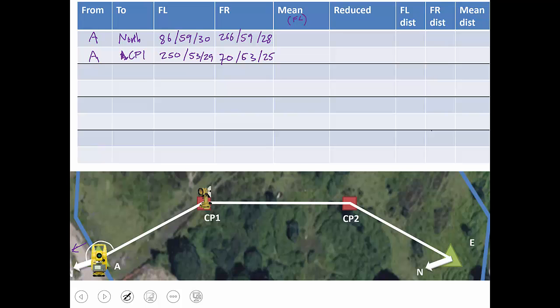If it's not, you're not going to be getting that accurate reading. So to get the mean, we have to either take away or add 180 degrees to the face right value, and that's to bring it in line with the face left value. So you can see for the first line, you need to take away 180, then add them together and divide by 2.